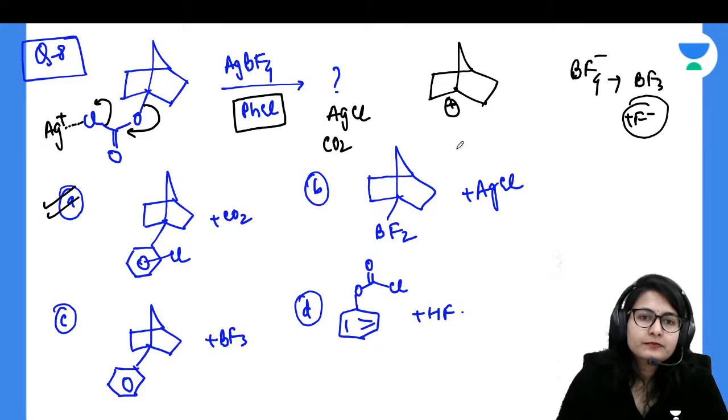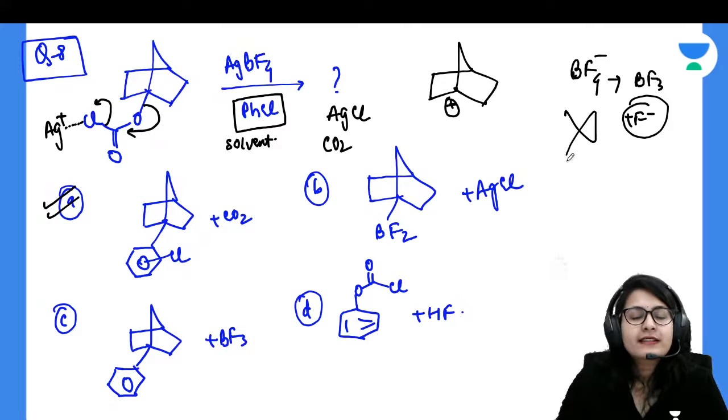Yes. All right. So over here, the F minus could attack. However, you have a solvent in excess. This is your solvent which is given over here. And I have not given you, by the way, any option in which the fluorine is directly attacking. So this option is cancelled.